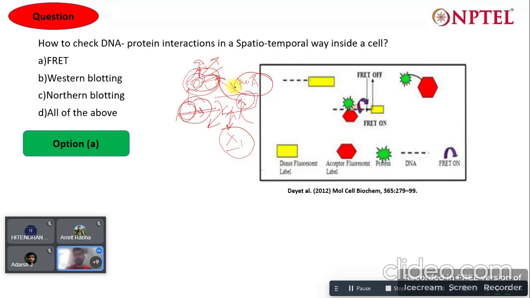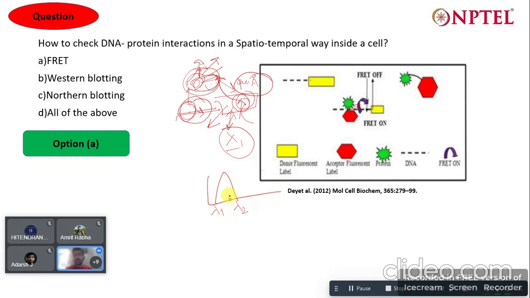And the second thing is, if we check the graph of these two proteins, this is the excitation and emission of protein A. It excites at lambda 1 and emits at lambda 2.